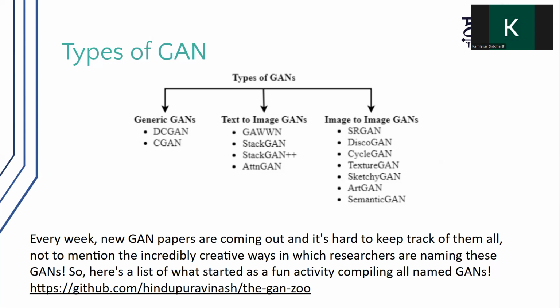SR GAN, Disco GAN, Cycle GAN, Texture GAN, Sketchy GAN, Art GAN and Semantic GAN come under image to image GAN. Every week new GAN papers are coming out, so it's very hard to track them all. There are many different types of GANs coming up, so you can follow this GitHub, which compiles all the named GANs.